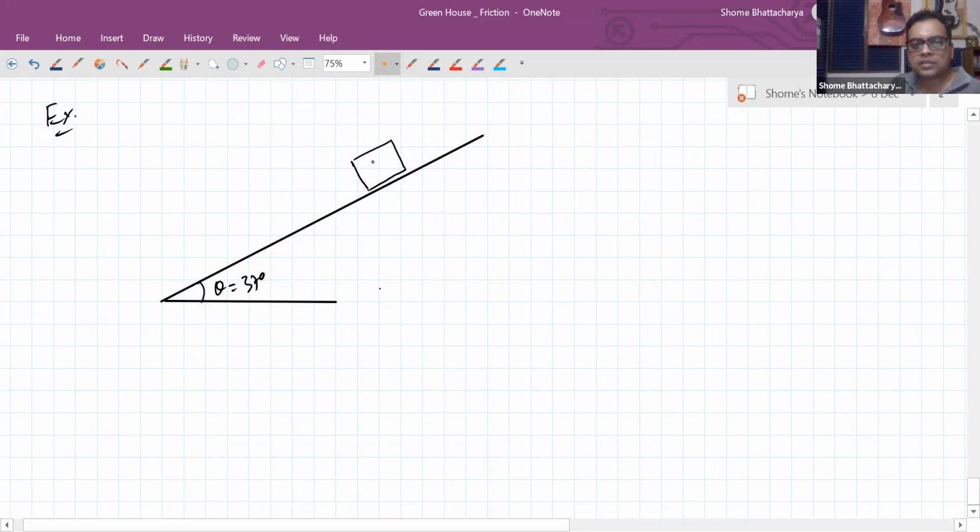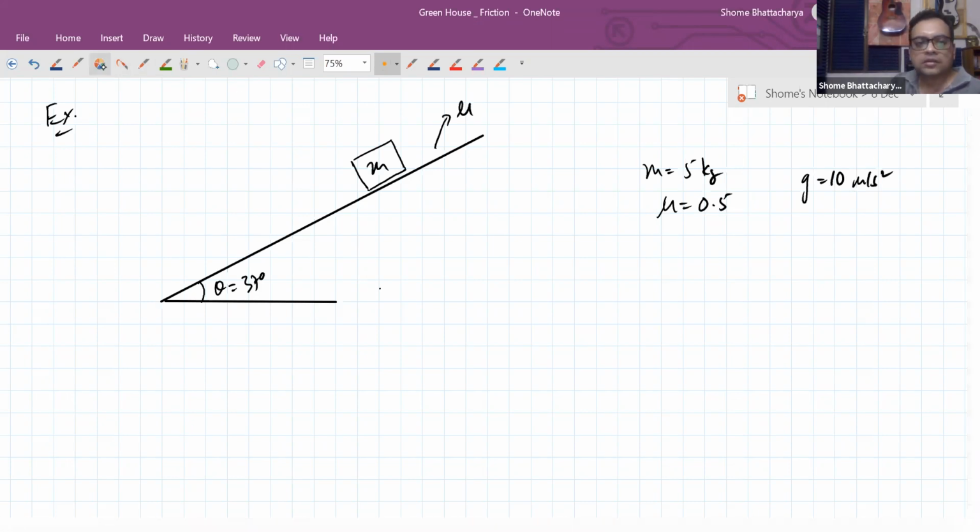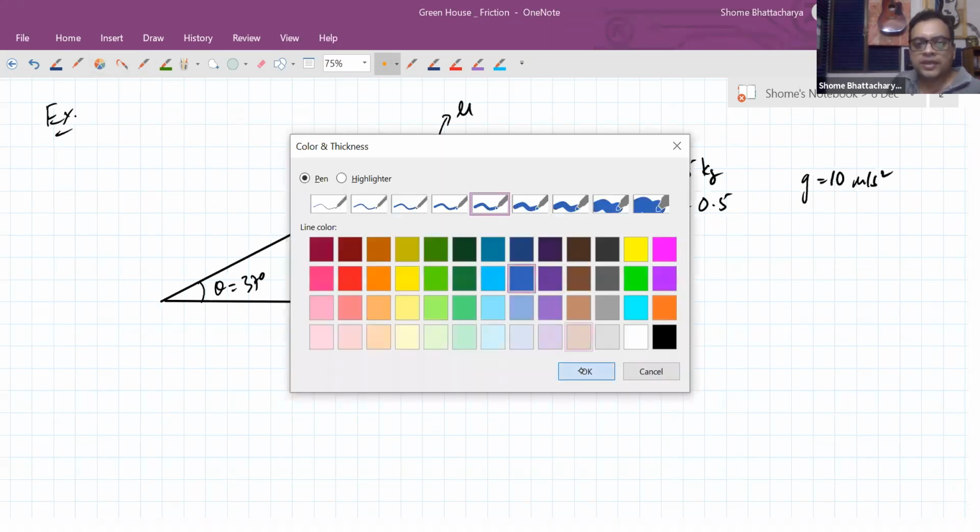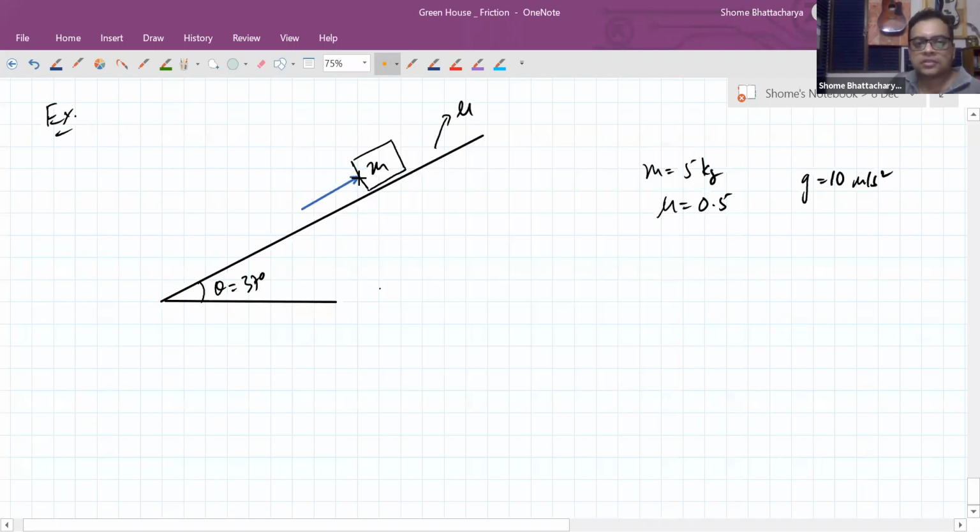Block of mass 5 kg is placed on it. Now this has a coefficient of friction equal to 0.5. Okay, and take g to be 10 meters per second square. Now we are applying a force like this parallel to the inclined plane on the block.